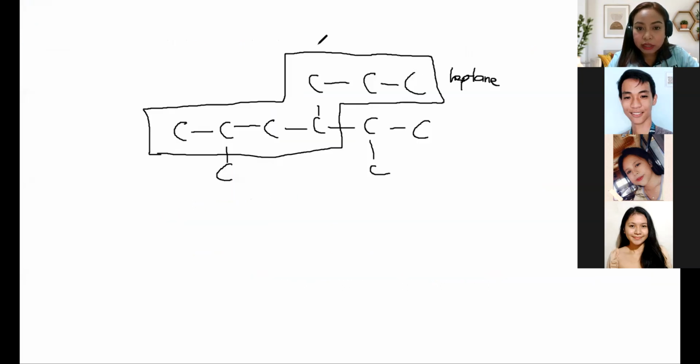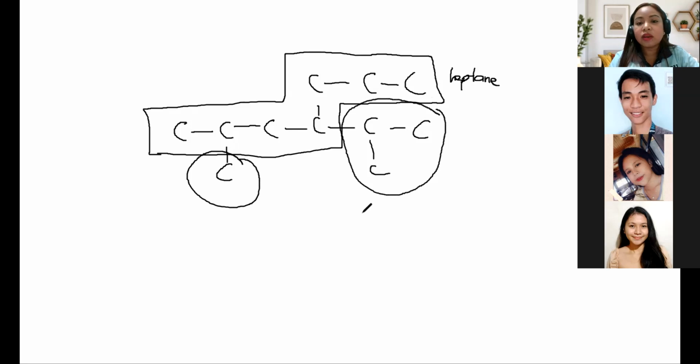So first, we just identified the parent chain and later on we will complete our molecule. So what are our attachments? Here is one. Let me circle it so you can see. This one.